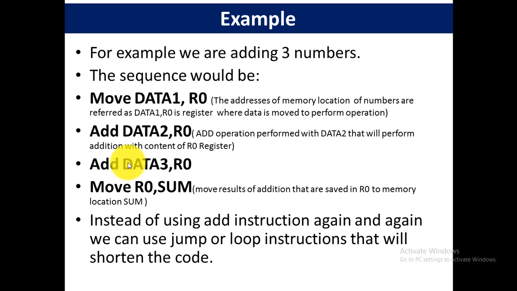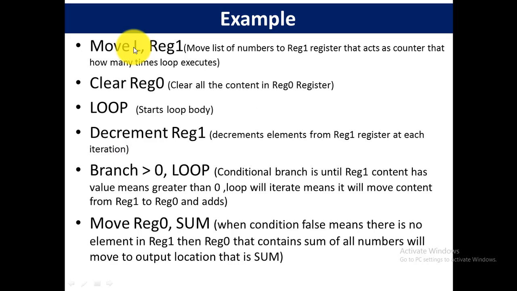How will we shorten the code? Let's see. Move L, where L is the list of numbers, the 3 values, to register 1. Register 1 acts as a counter that will tell how many times the loop is executed.